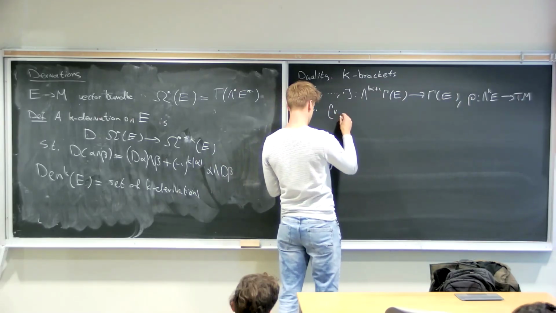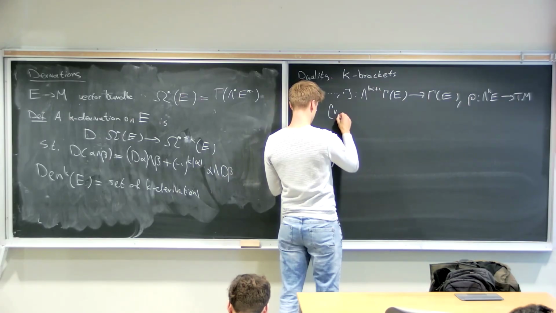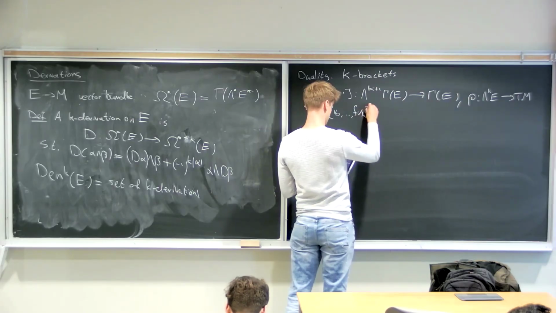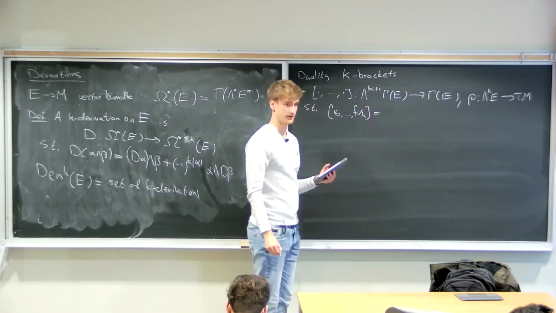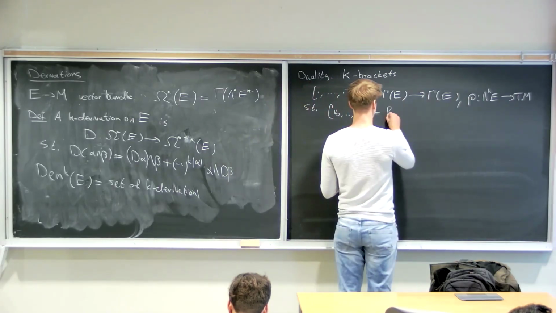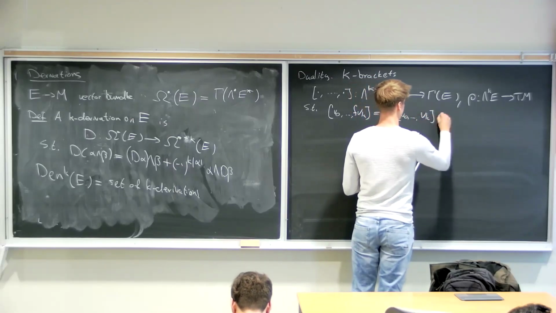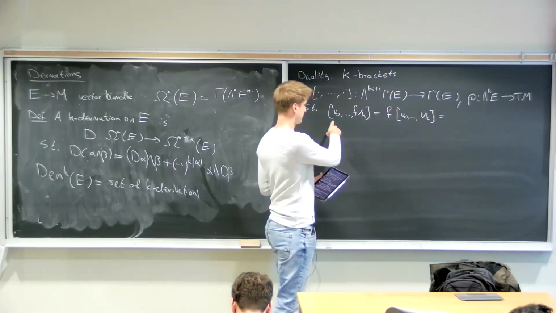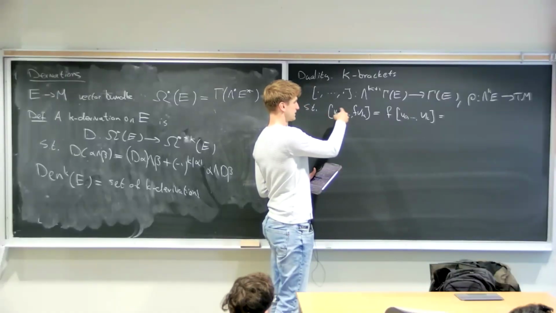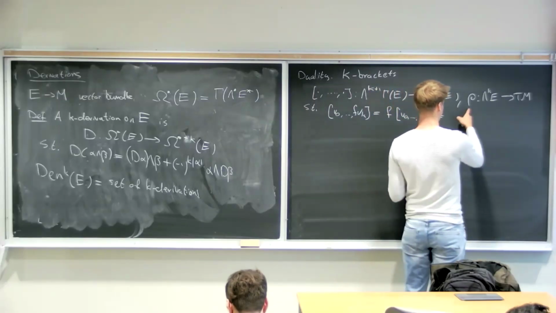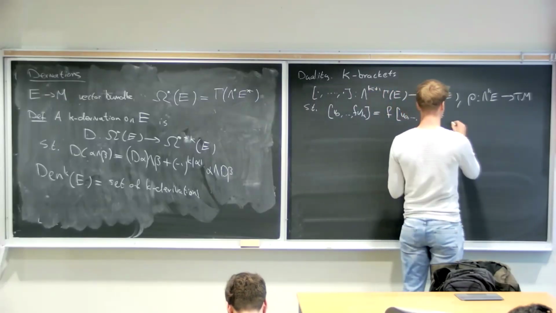Take sections v0 to vk, times some f. This should be f first, vk, and then we take the derivative of f in the direction of the first k elements of E, but we can only differentiate because of this anchor.